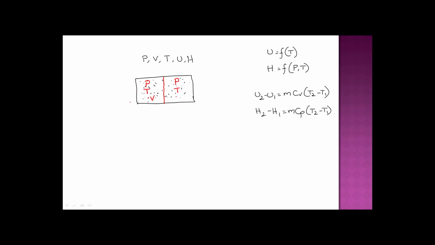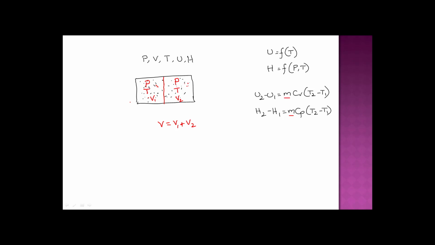Let us say the volume in this chamber is V1 and in the other chamber is V2, so the total volume is V1 plus V2. That means volume depends upon the size of the system, and the internal energy and enthalpy are dependent on the mass of the system. Therefore the internal energy and enthalpy in this chamber will be different from those in the other chamber.